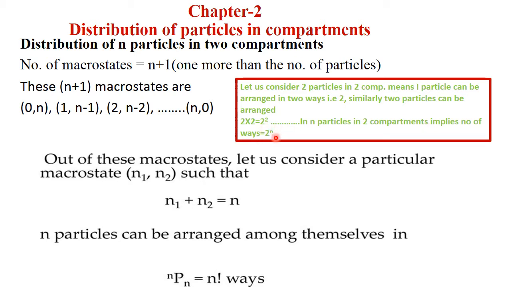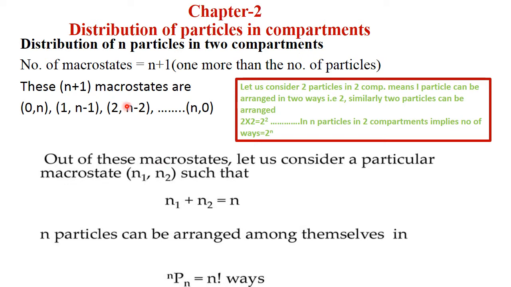If we have n particles, the number of microstates is always 2 raised to the power n. Now we know the number of macrostates and the number of microstates. The number of macrostates is n plus 1, whereas the number of microstates is 2 raised to the power n.